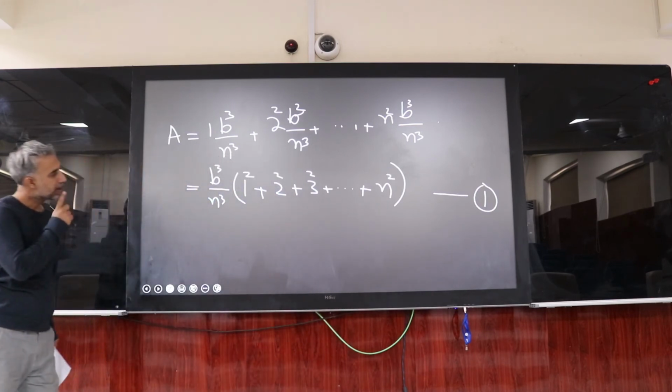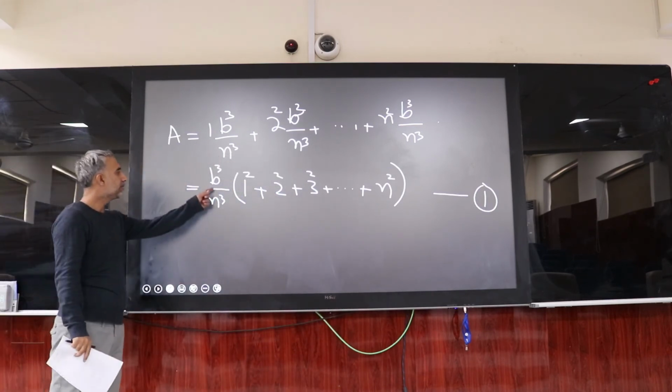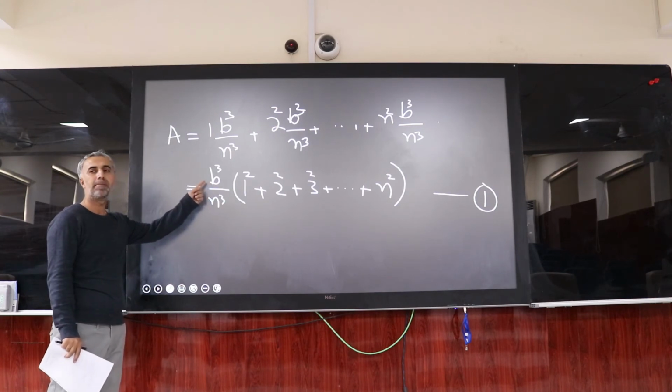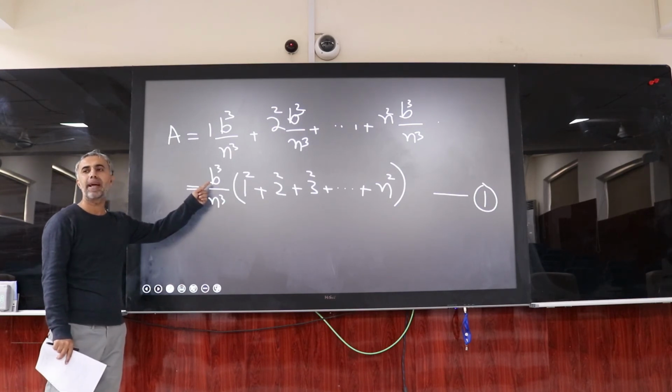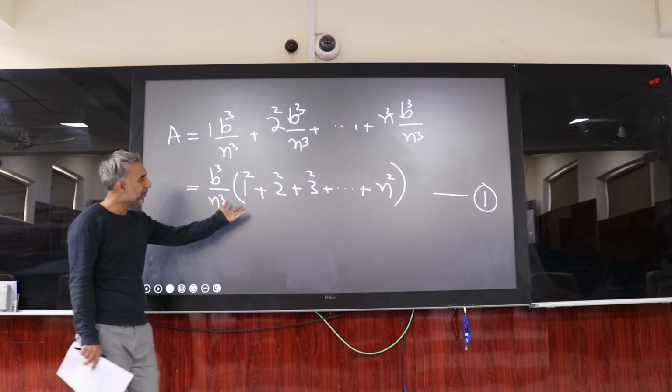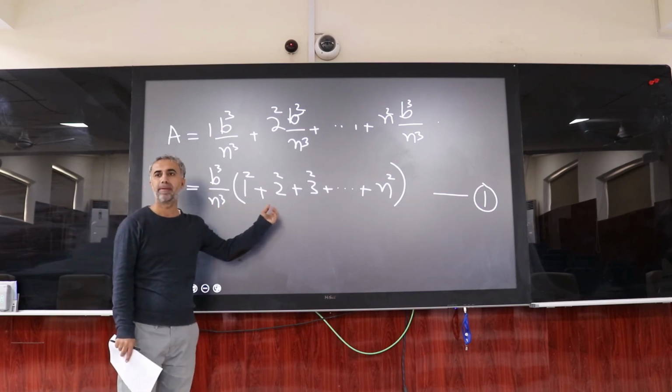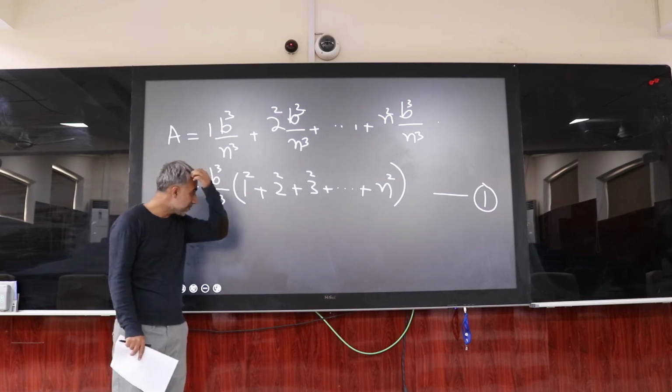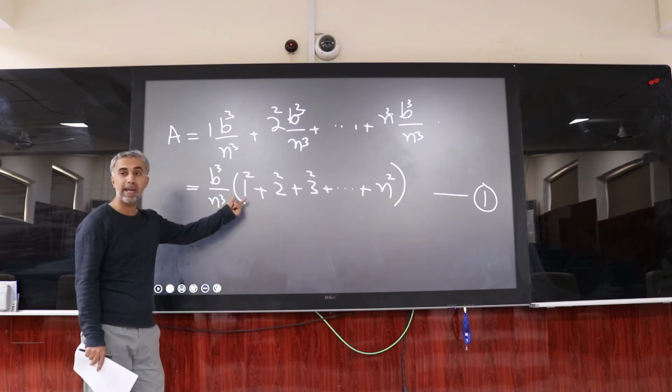Now, this n can be some arbitrary number, it can be 100, can be 10, can be anything. n is the number of partitions, it can be anything. But what are these? These are numbers, but kind of a scale.